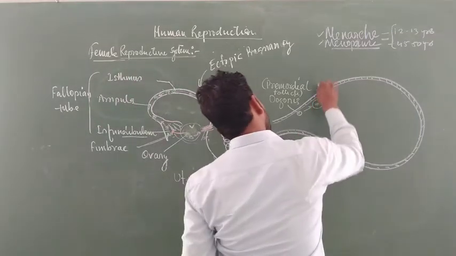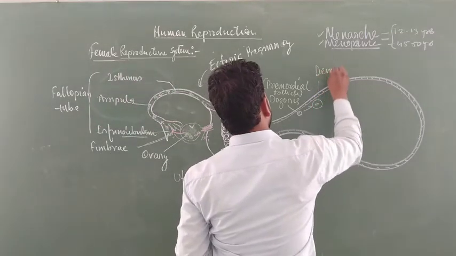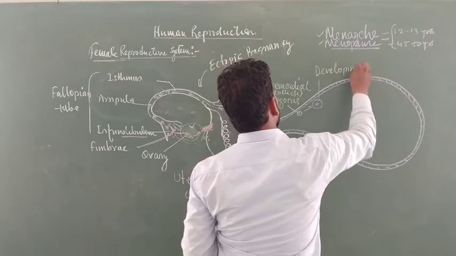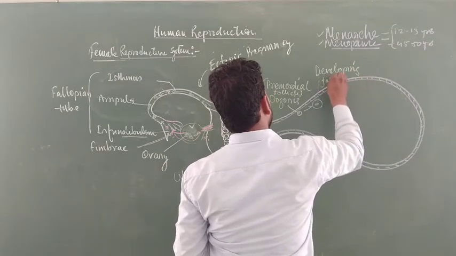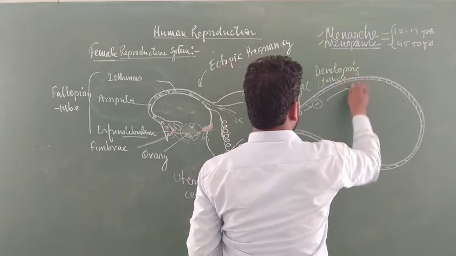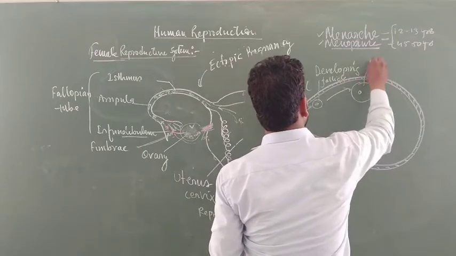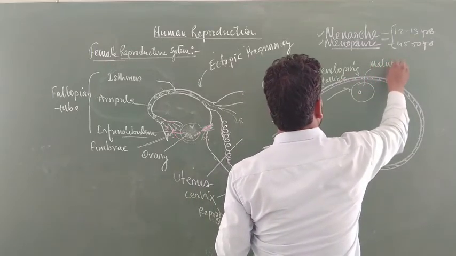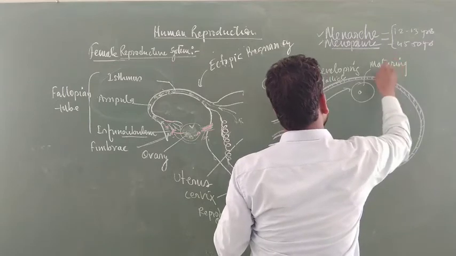Now this is called the developing follicle, and the developing follicle further changes into the maturing follicle. It undergoes maturation. This is called the maturing follicle.